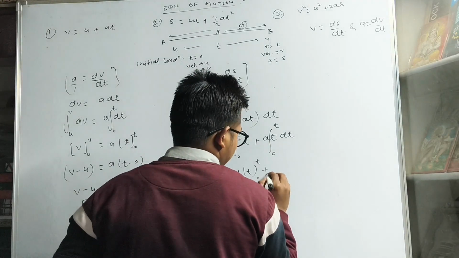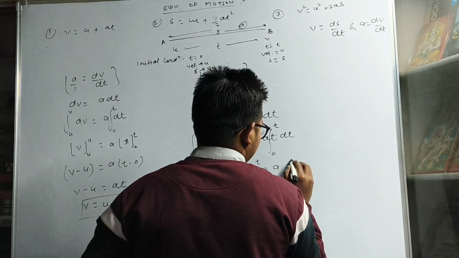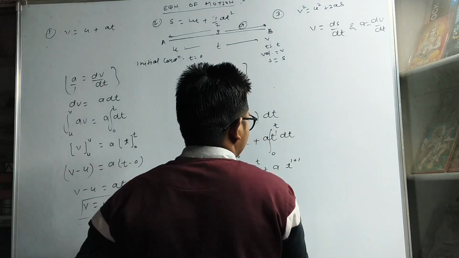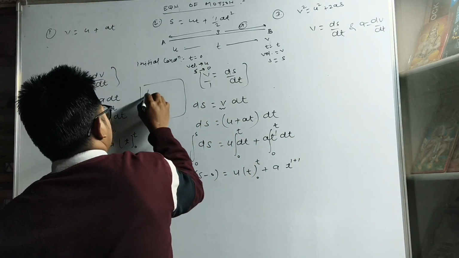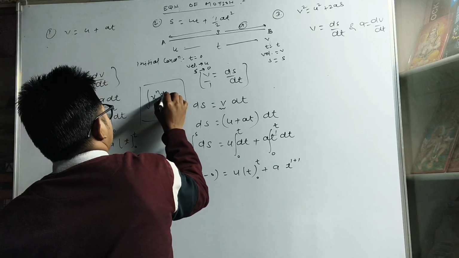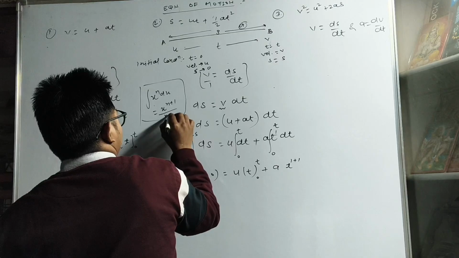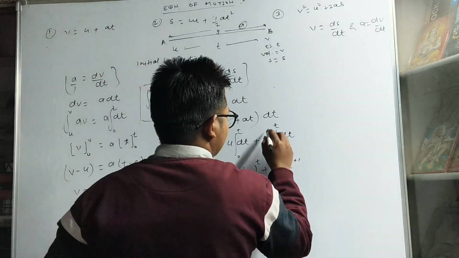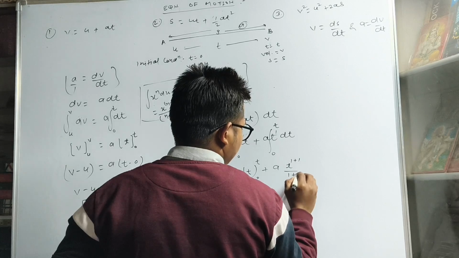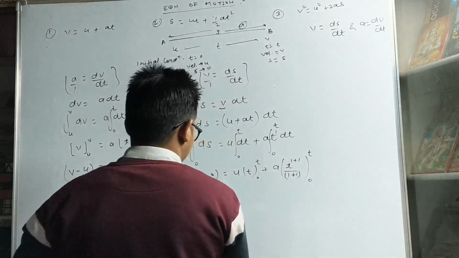The integration of a is constant, and the integration of t equals what? t to the power 1 plus 1, because the power is 1. The same formula we have applied here, that is the integral of x to the power n dx equals x to the power n plus 1 upon n plus 1. So it will become t to the power 1 plus 1 upon 1 plus 1, from 0 to t.